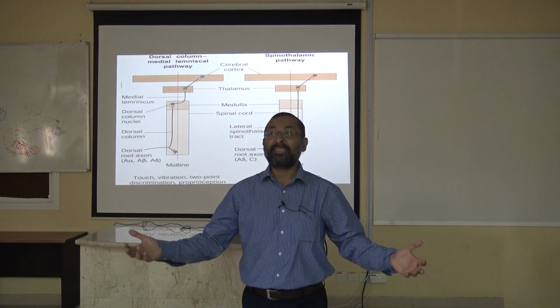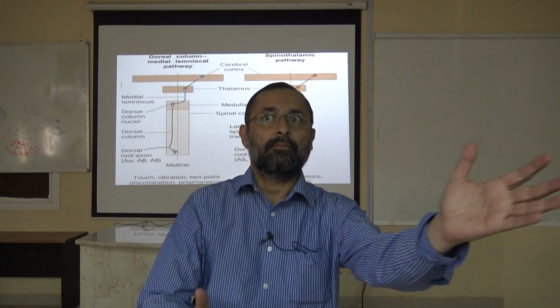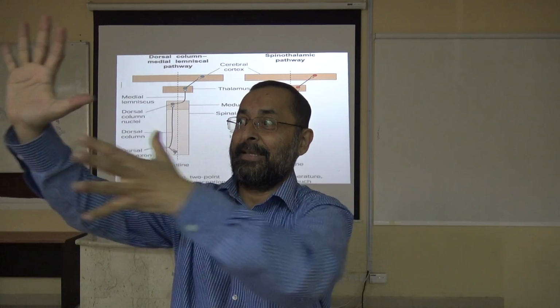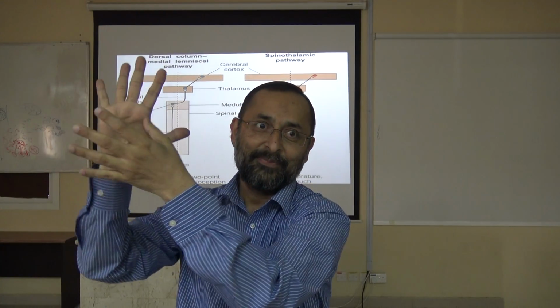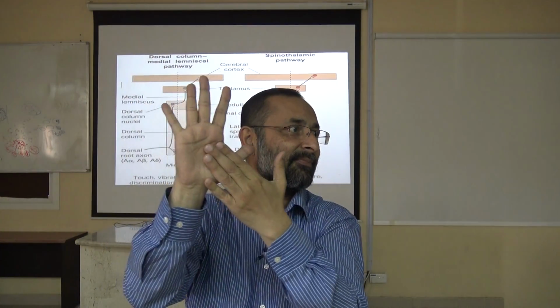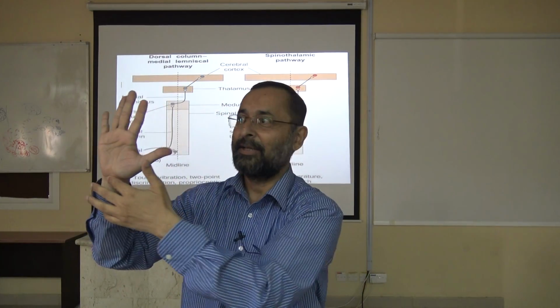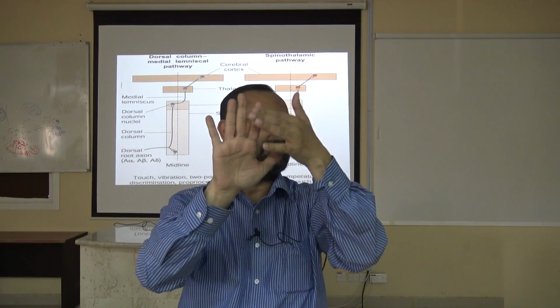Where do you have the best fine touch in the body? For example, hands. But hands is a big area. Palm. You're saying palm, this one? You're saying fingers. This is the finger.